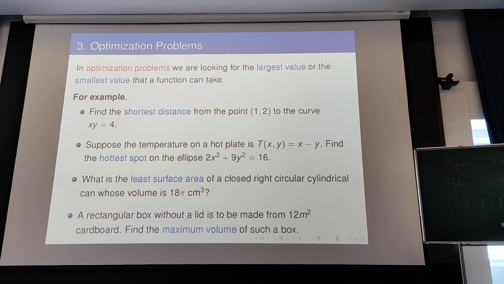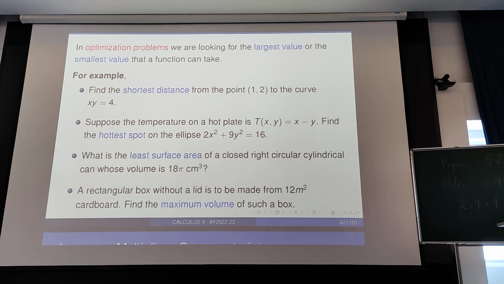In real life, you have many problems that require you to find an optimized solution. If you want to move from point A to point B, you need to find the shortest or fastest way to move from A to B. This is an example of an optimization problem. And we have so many forms of optimization problem.